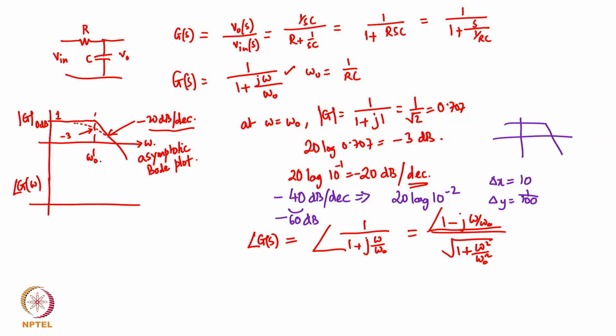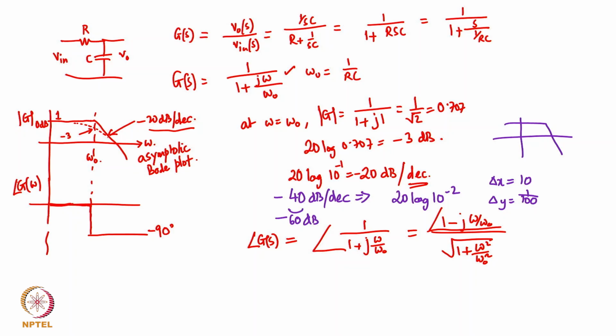So you can see easily that at omega equal to 0, the angle is 0 degree, so it will start at 0 degree, and in this asymptotic plot, it will go to minus 90 degree. Asymptotically, the angle will go from 0 to minus 90 degree.